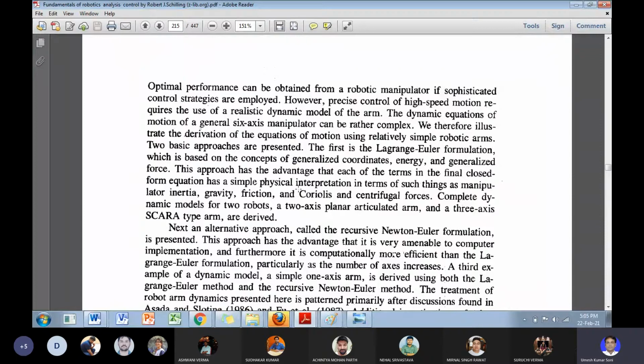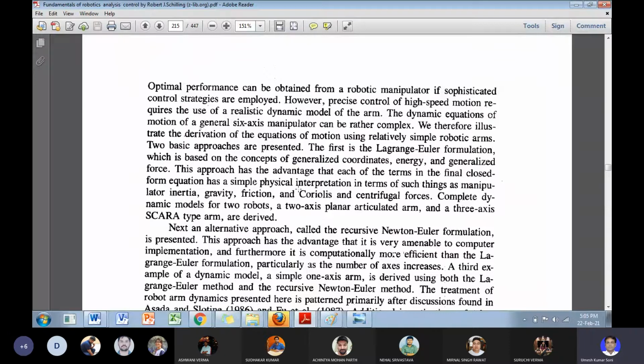Suppose xk, yk and zk is another frame joined to our tool end. So the kth link will move in three-dimensional space with both a linear velocity as well as angular velocity.